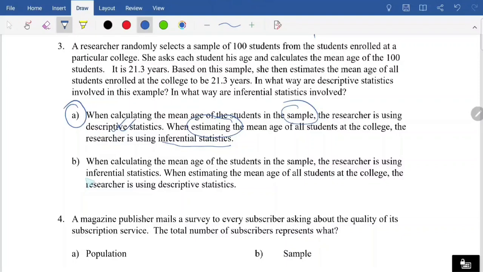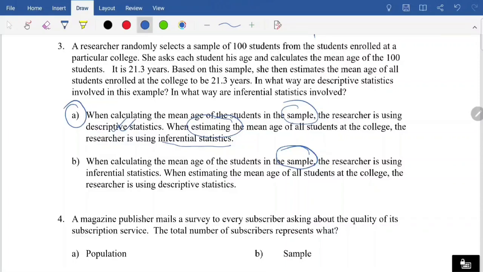However, let's go through option B also. When calculating the mean age of the students in the sample, the researcher is using inferential statistics. No. When calculating the mean age, whenever we work on the sample, whenever we take measurements on the sample, any work done on the sample is descriptive statistics.